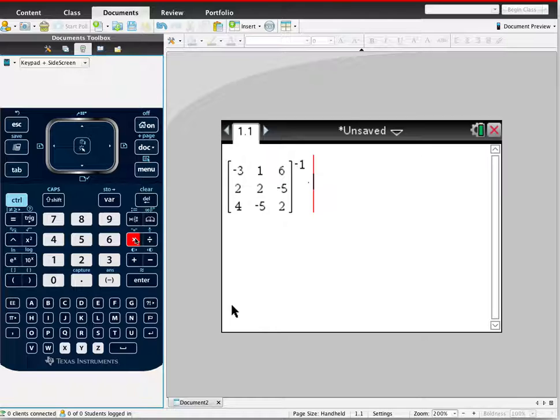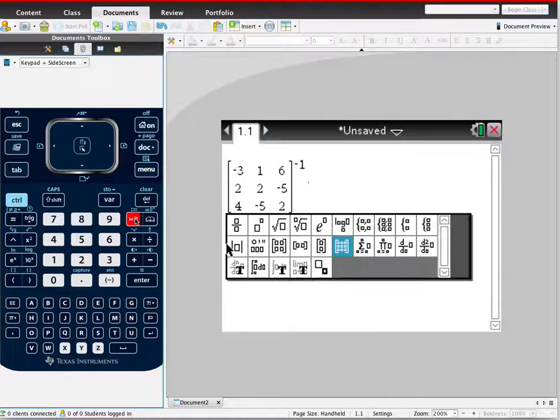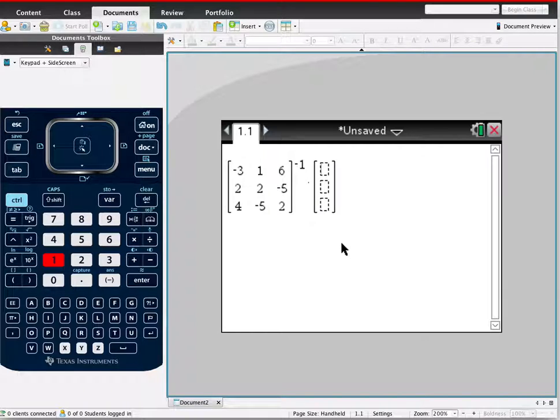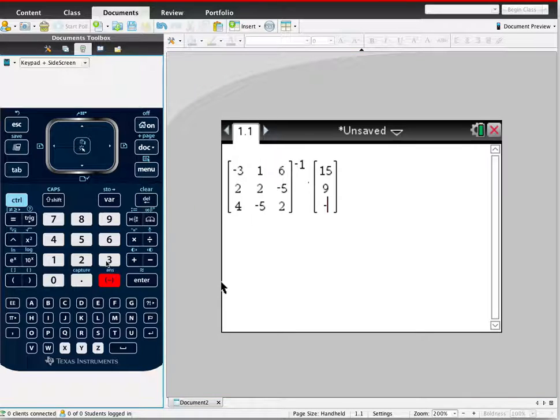15, 9, and negative 3. I was looking for the wrong one. Thank you, sorry. So, I get my matrix. This time, what type of matrix do I want? A 3 by 1. So I put in a 3 by 1, and I do 15, I do 9, and I do negative 3. I press enter.